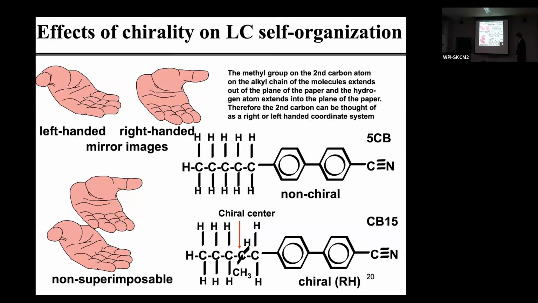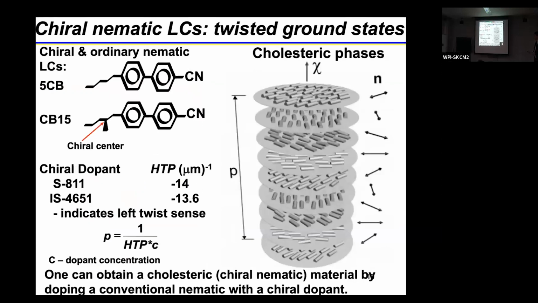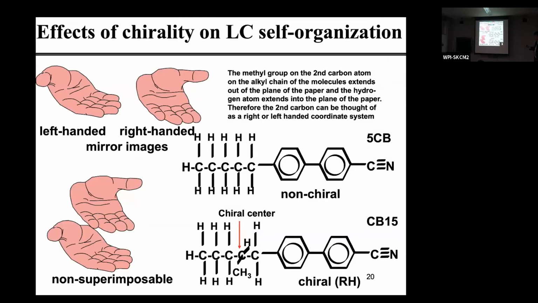So just like any other chiral object, like our hands, having these chiral centers, these molecules lack mirror symmetry. And therefore, we can understand this twisting behavior in the ground state of such a liquid crystal also from the standpoint of packing of such molecules within this medium.